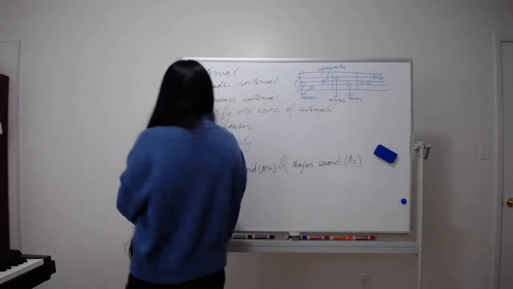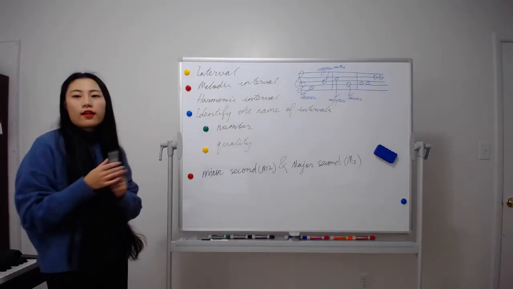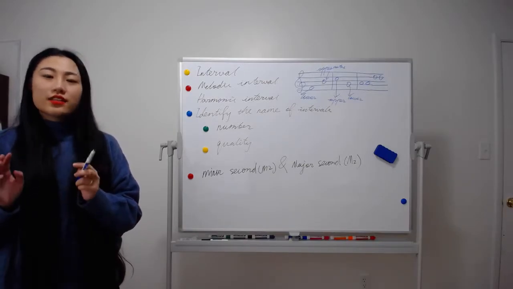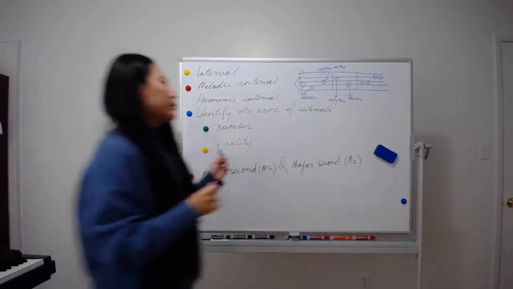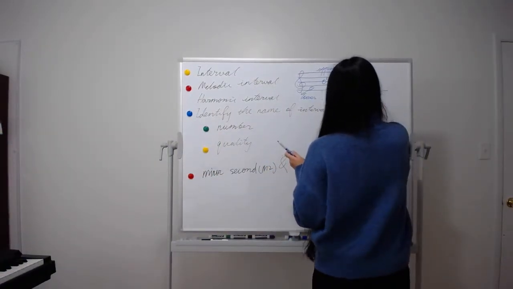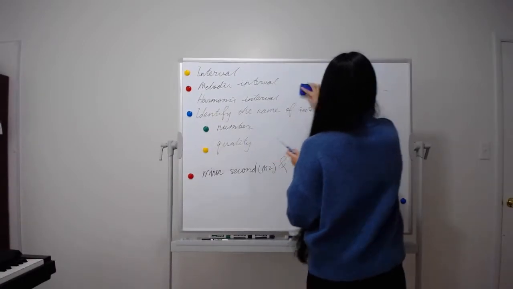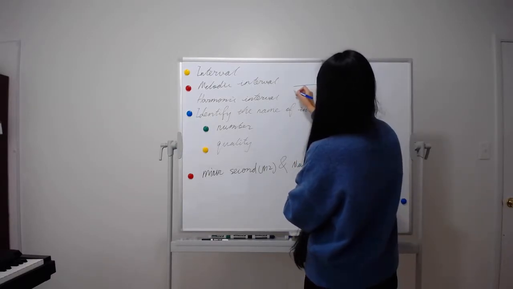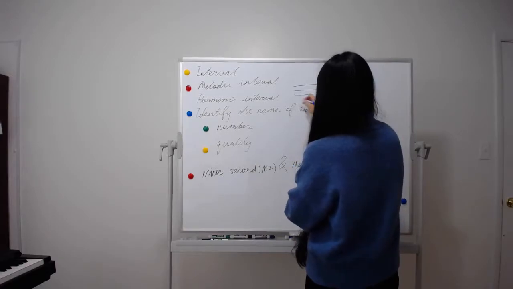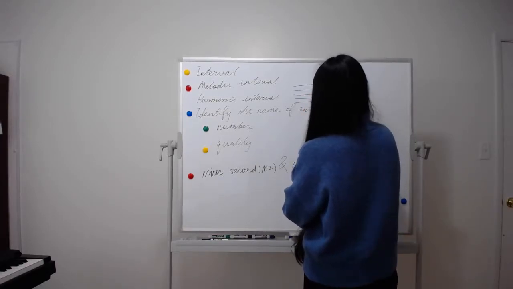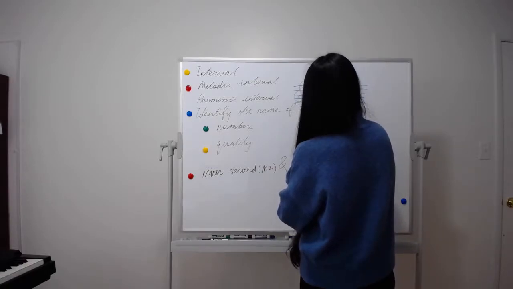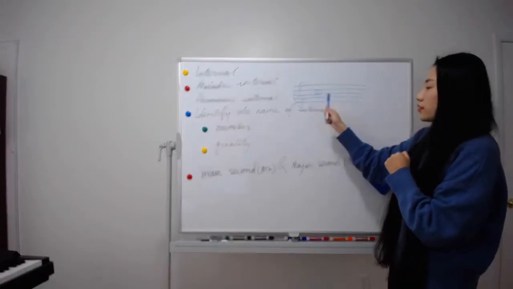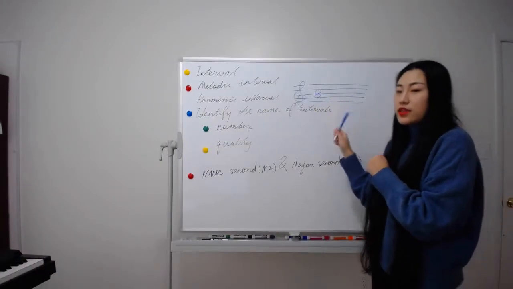So let's move to harmonic interval. So harmonic interval refers to simultaneously sounding tones. So for example, play these two notes together at the same time.